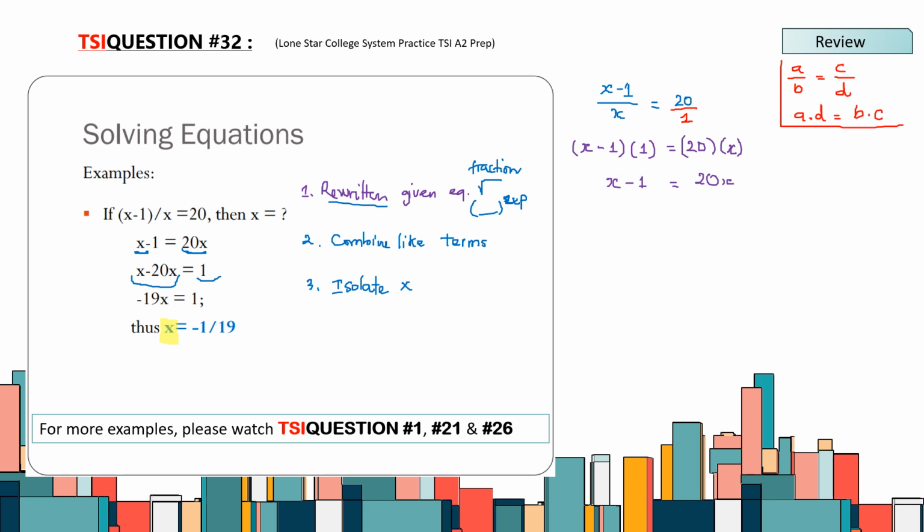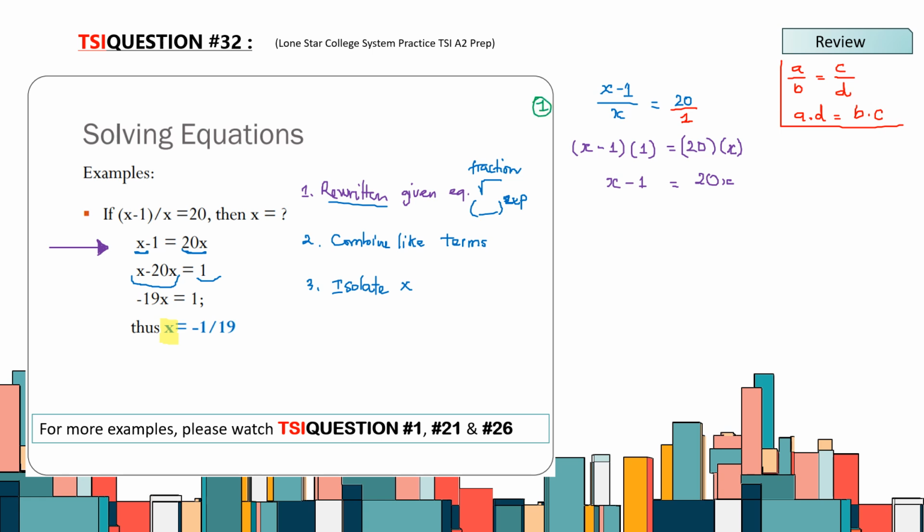Now that is how we got this line right here. Because it's a fraction, we have to somehow make it easier to work with. We avoid the fractions. So here is step number 1 we just talked about.